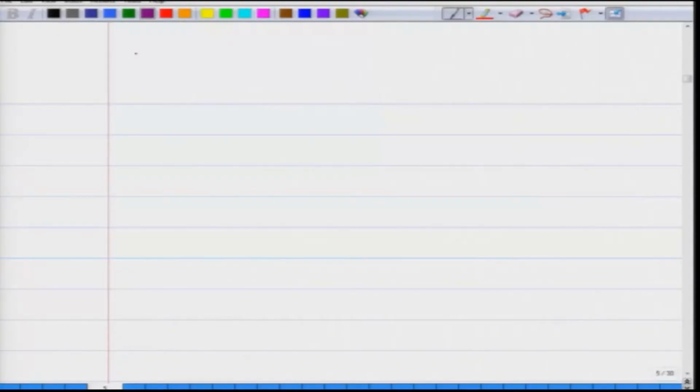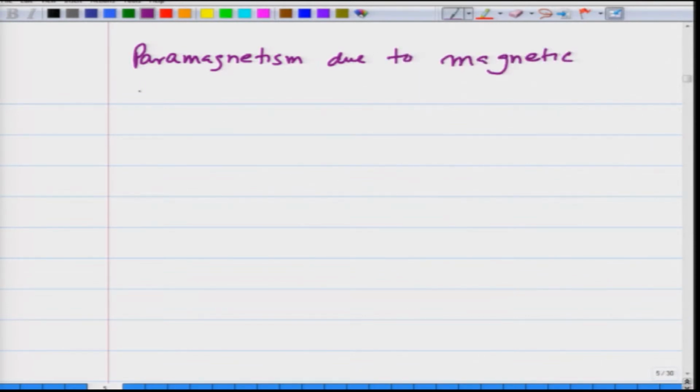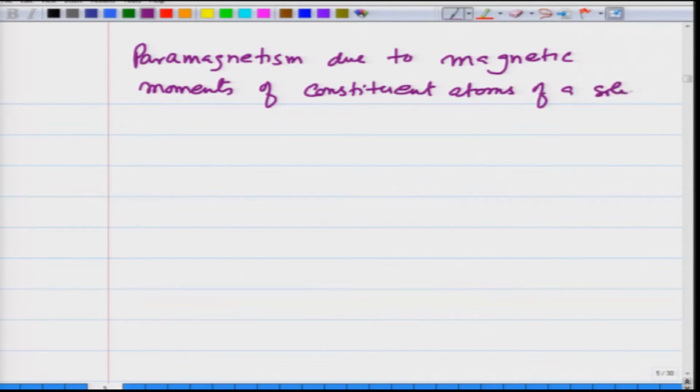What we are talking about now is paramagnetism due to magnetic moments of constituent atoms of a solid.